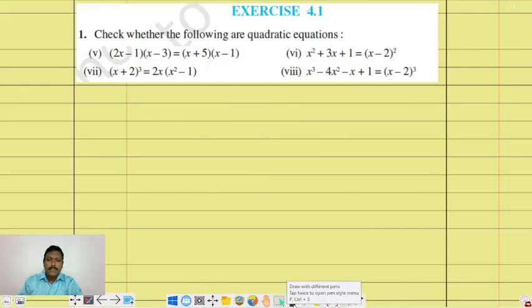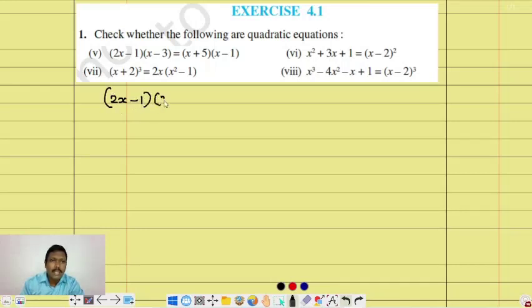Now see question number 5. Question number 5, we can check: (2x minus 1) into (x minus 3) equal to (x plus 5) into (x minus 1).